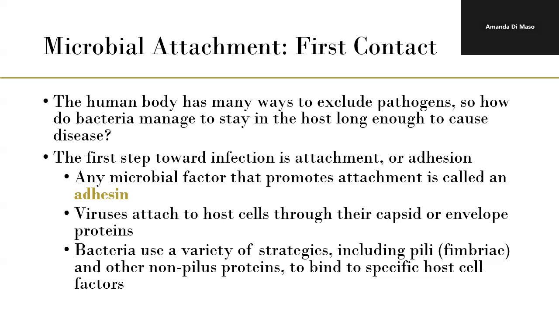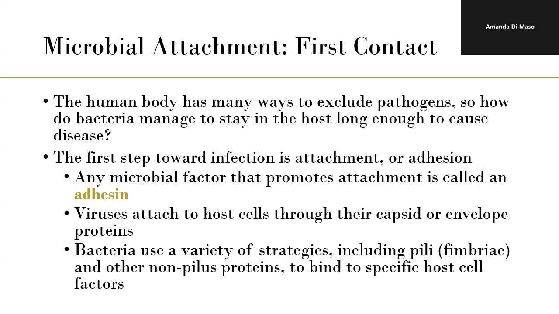So they have to have some way of attaching or adhering to your cells. Often we will call this factor that promotes attachment an adhesin. This is different for viruses than bacteria, and we're mainly going to look at bacteria.